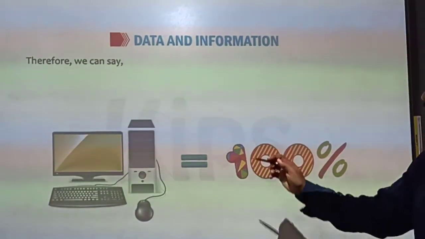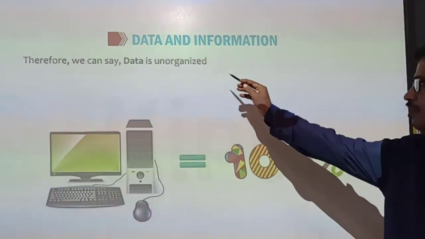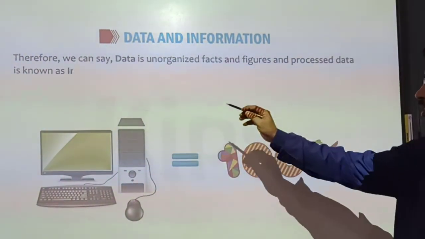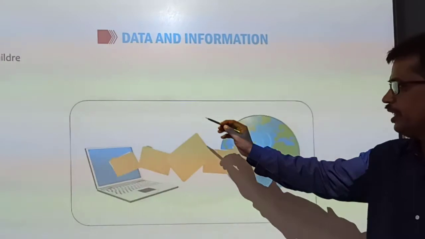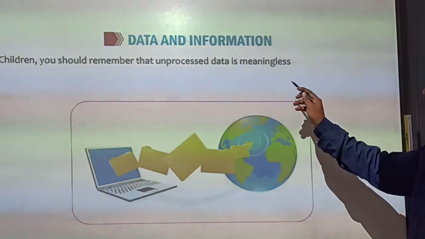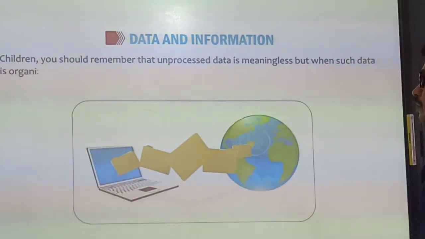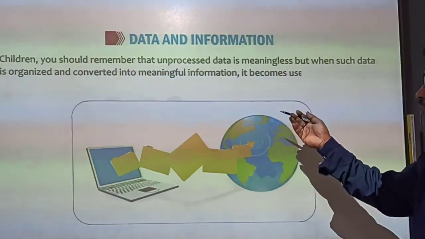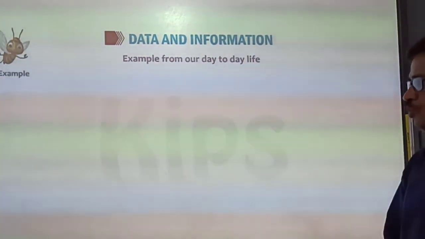Therefore, we can say data is unorganized facts and figures and processed data is known as information. Children, you should remember that unprocessed data is meaningless. But when data is organized and converted into meaningful information, it becomes useful.